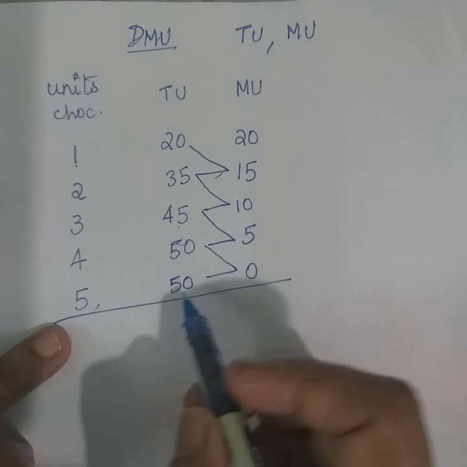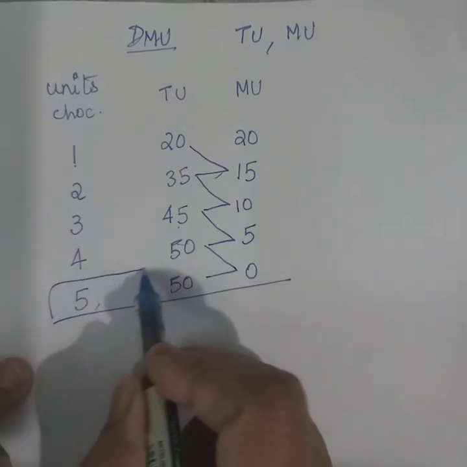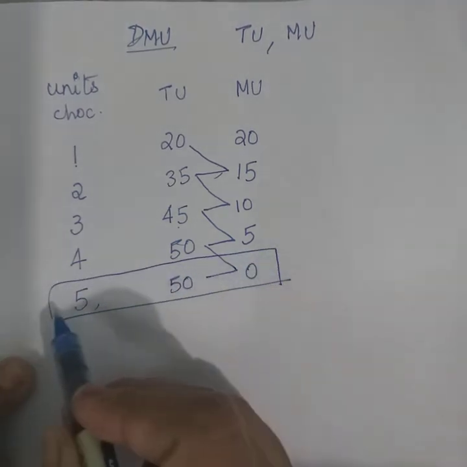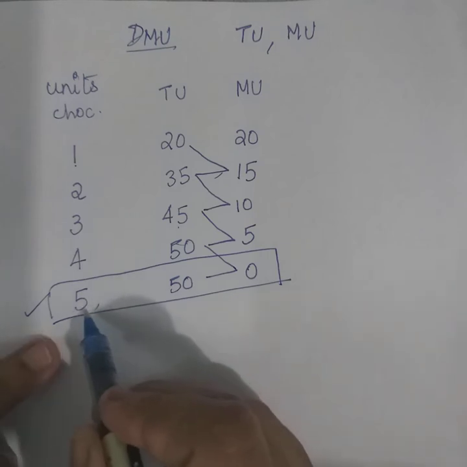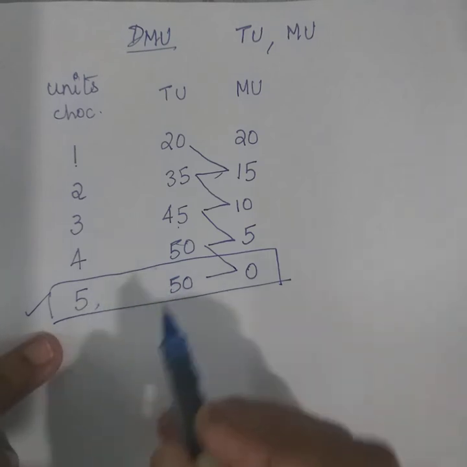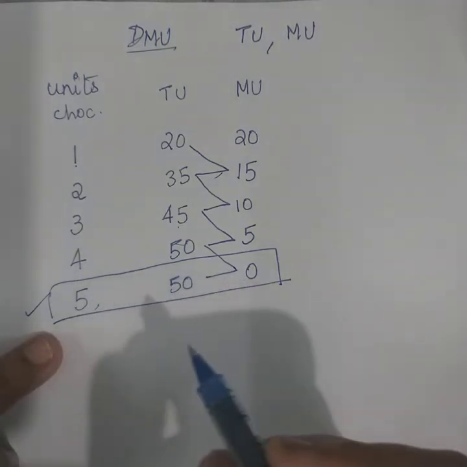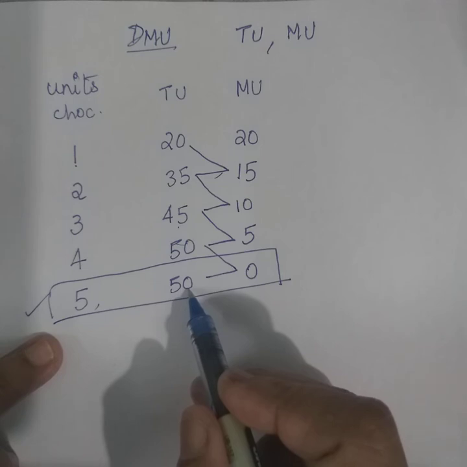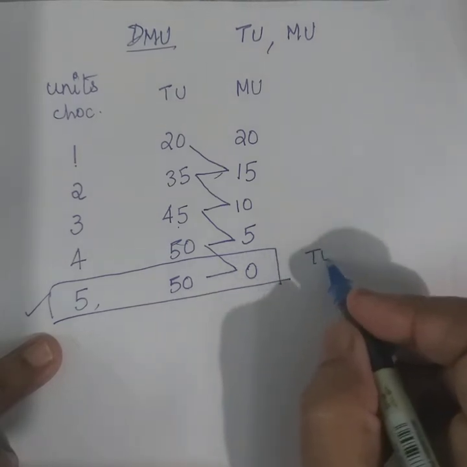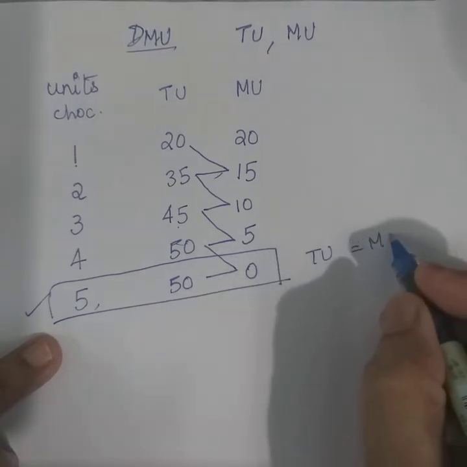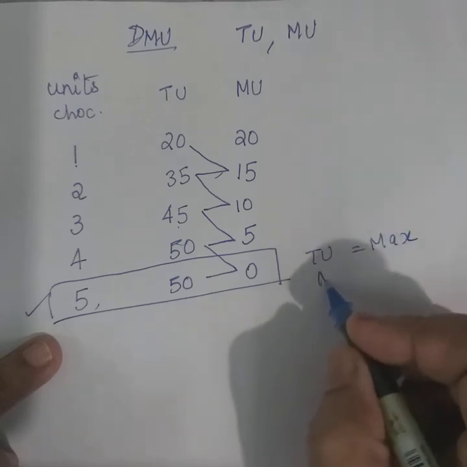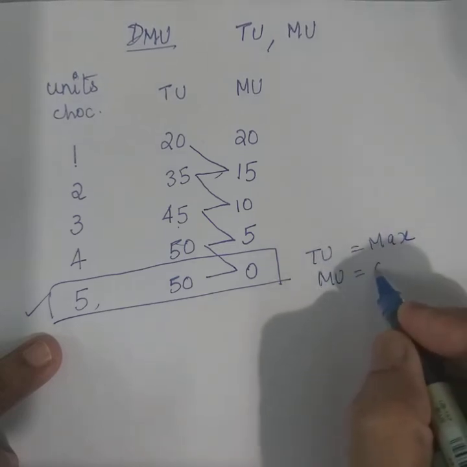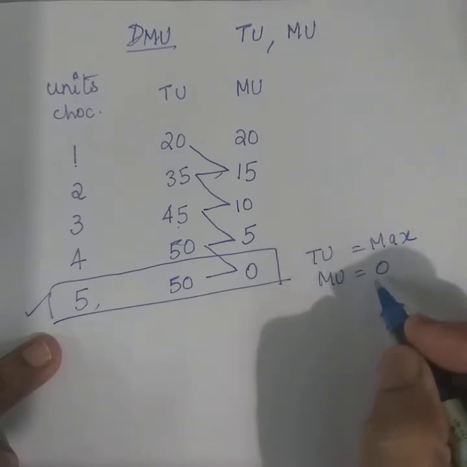So you understand that when 5 units of chocolates are consumed, as per this example, the total utility becomes maximum, and the marginal utility becomes 0.